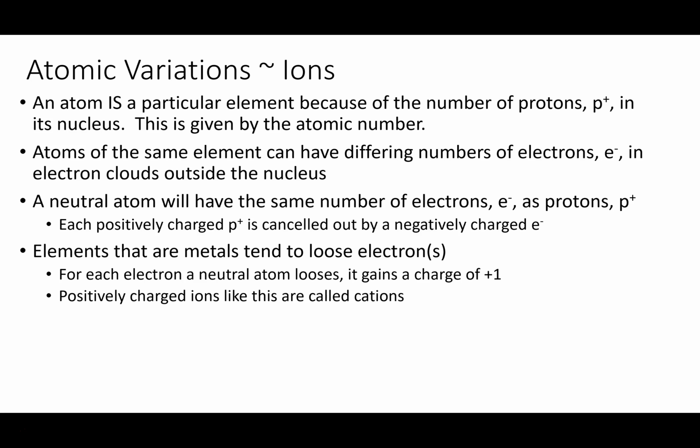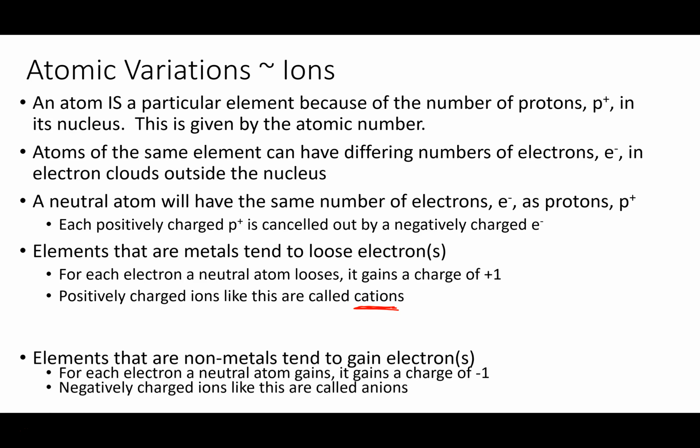So if you picture what's happening with a metal, and carbon's not a metal, but if I take off an electron or two, and I do the math, it's going to be heavy with regard to a positive charge. And that's why it's what we call a cation. It's positively charged. So the word is cation, sometimes called cations.